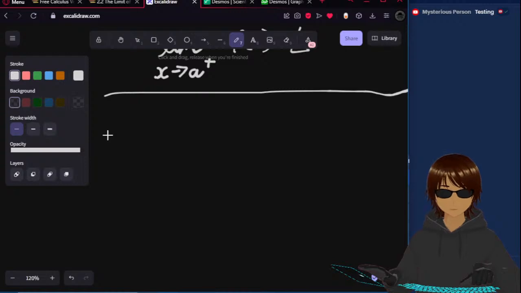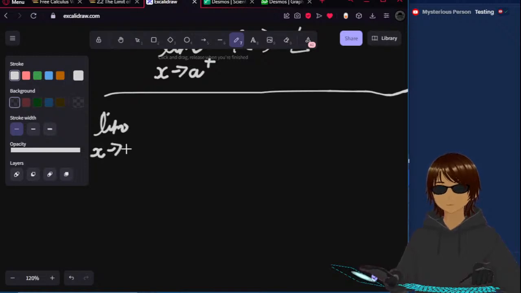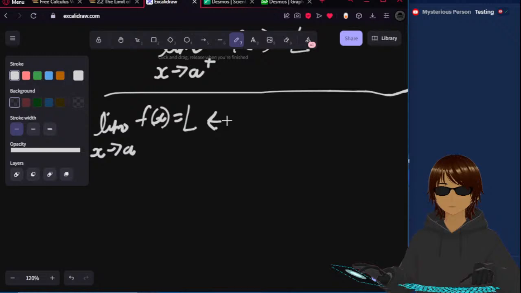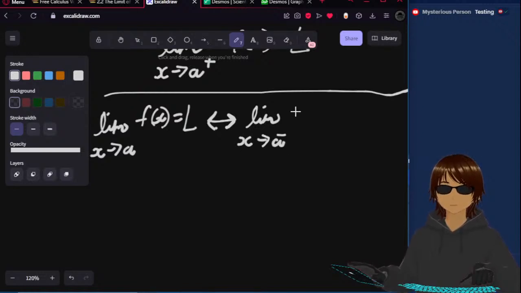So the limit as x approaches a of f of x exists if and only if it exists from the negative side and exists from the positive side.